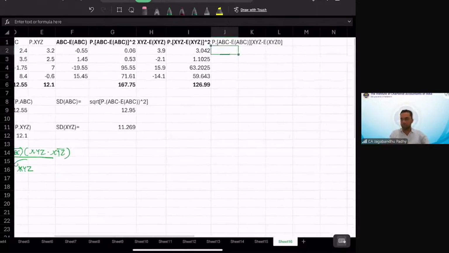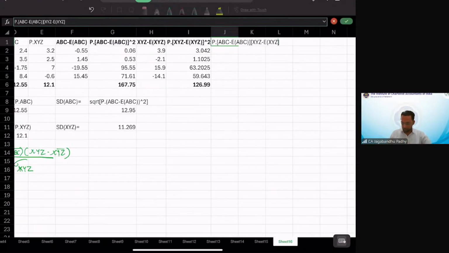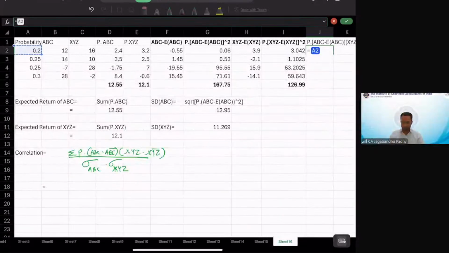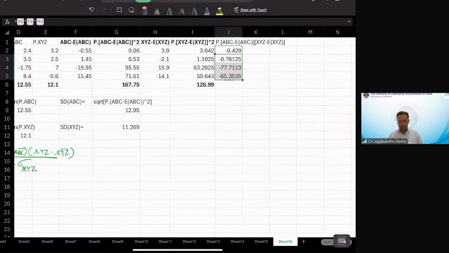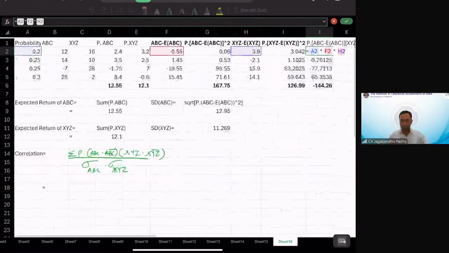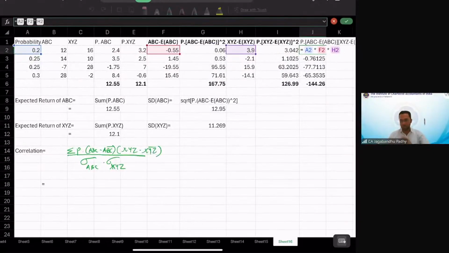This will be computed as probability multiplied by ABC minus the expected value multiplied by XYZ minus the expected value, and then we take a total. So this is to be computed for the correlation: probability into the deviation of both the securities multiplied.